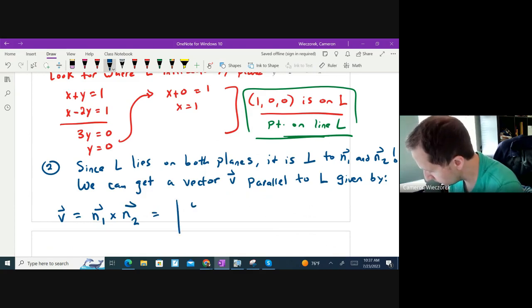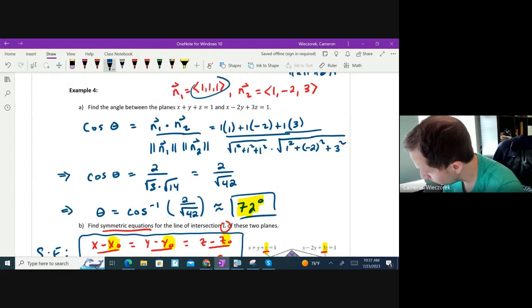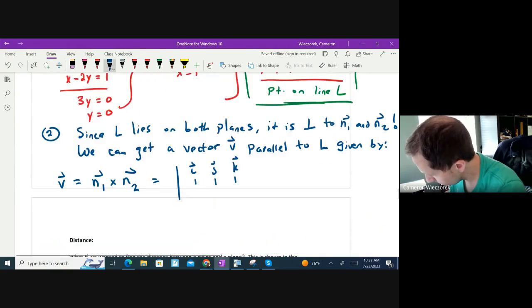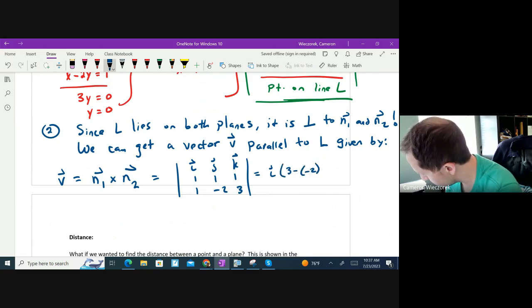n1 cross n2 is given by i, j, k, 1, 1, 1. These are the same normal vectors we did up in part A. So 1, 1, 1, and 1, negative 2, 3. Same planes we looked at before. Okay. So we get i times, cross off first row, first column, we get 3 minus negative 2. Minus j, cross off first row, second column, we get 3 times 1 would be 3, minus 1 times 1 would be 1.